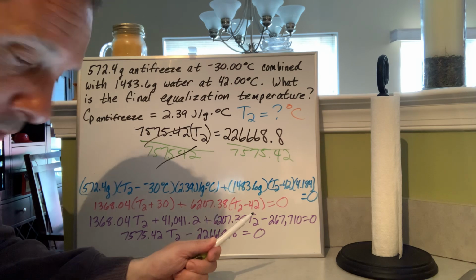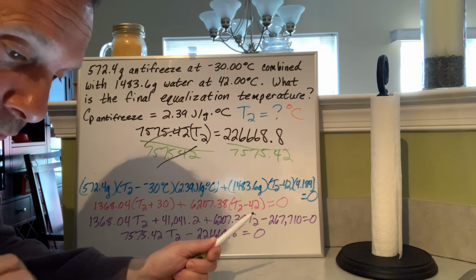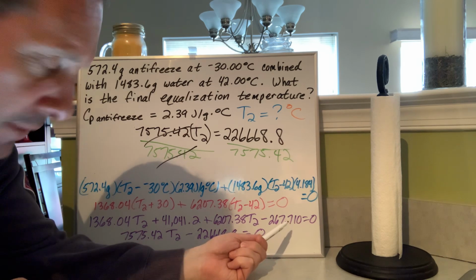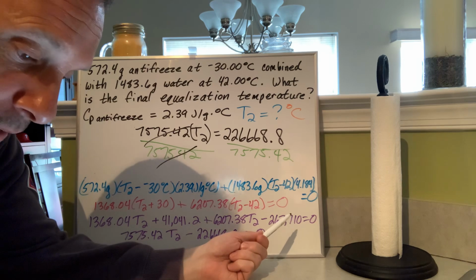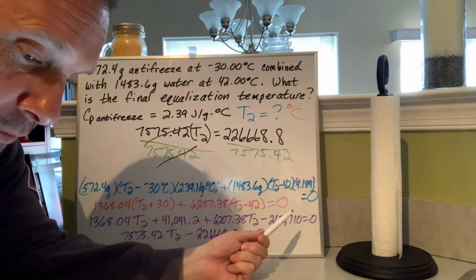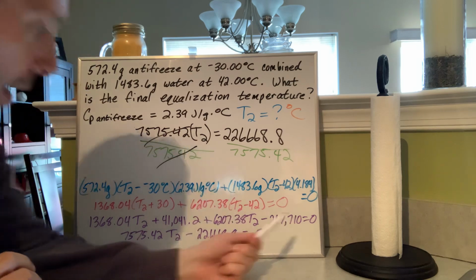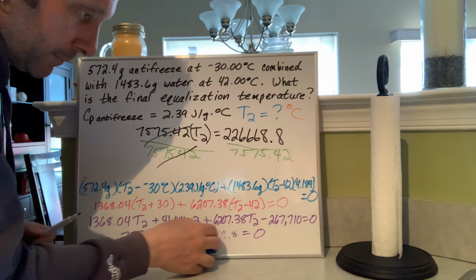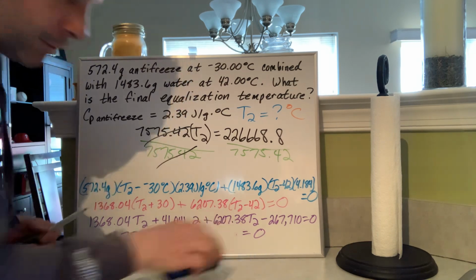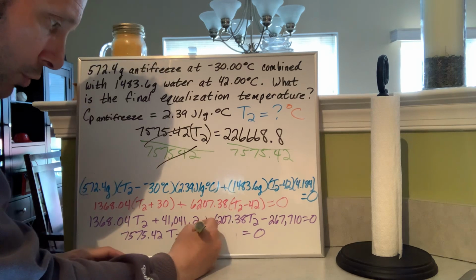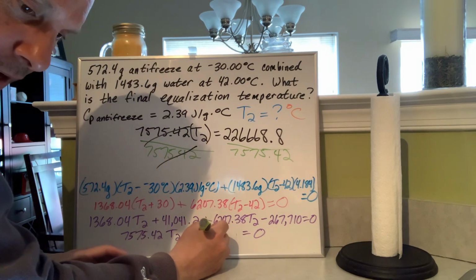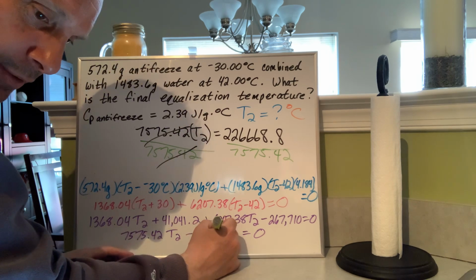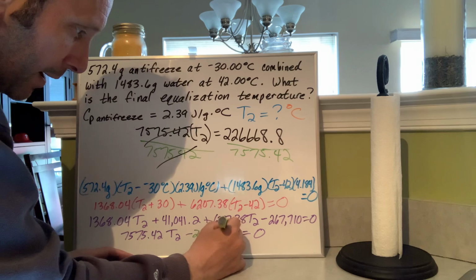Times 42 equals 26710. Yeah, 26710 minus 41 equals 219. Okay, here's what I messed up here. Sorry, everybody. This number's wrong. Ugh. I think I punched it in the calculator wrong. It's 219,669. All right, that's where I'm wrong.